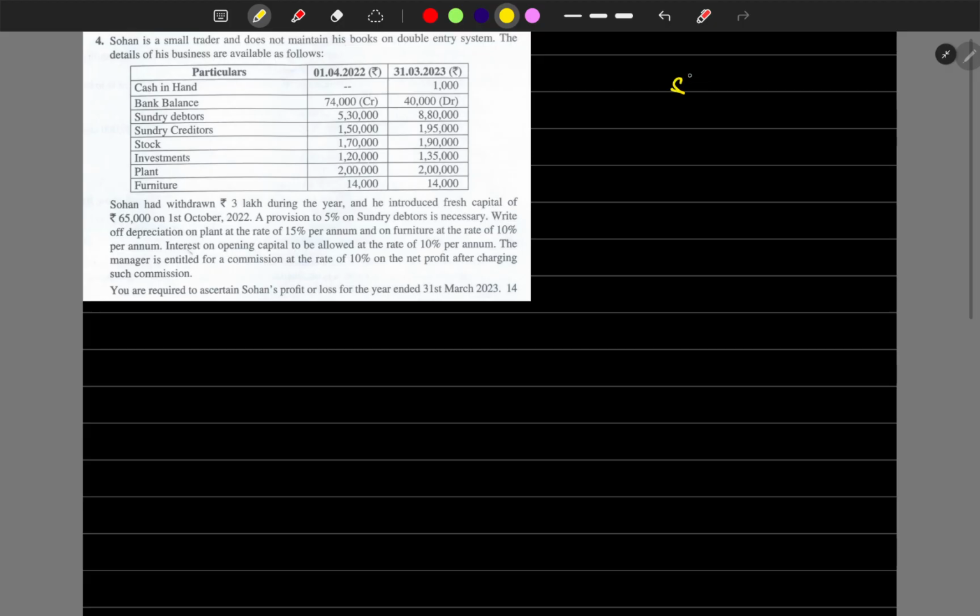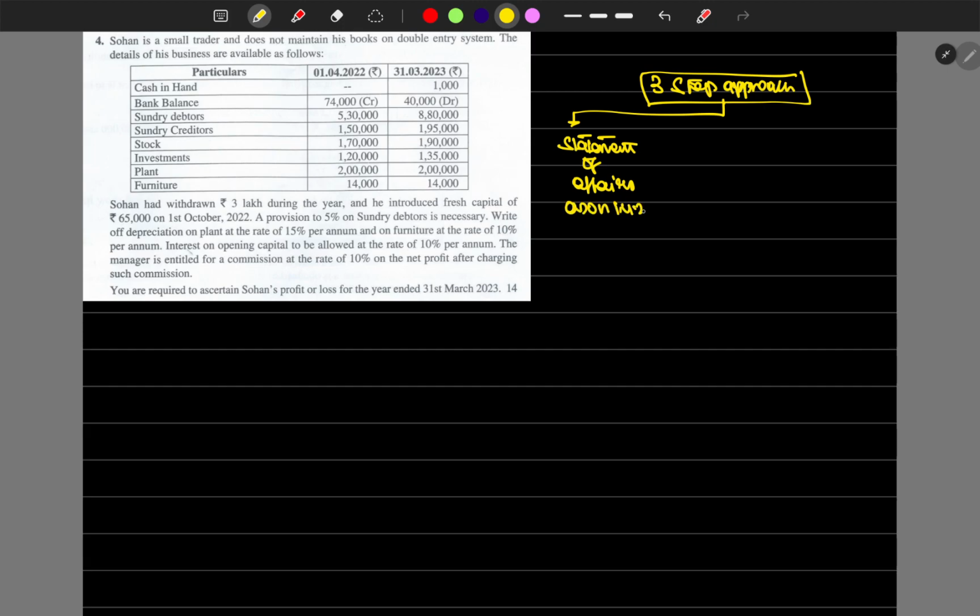The steps are a 3-step approach only. Statement of affairs as on 1/4/2022. Statement of affairs as on 31/3/2023.